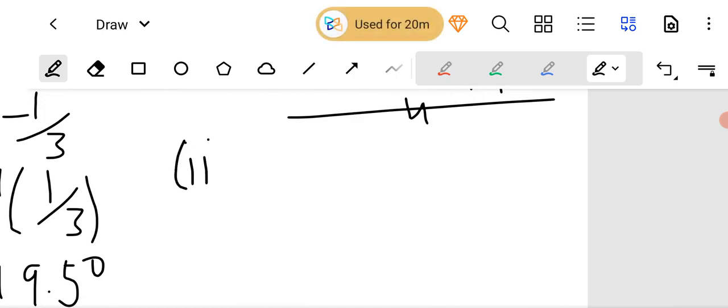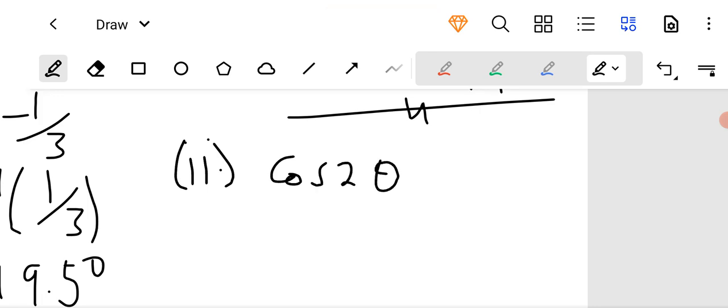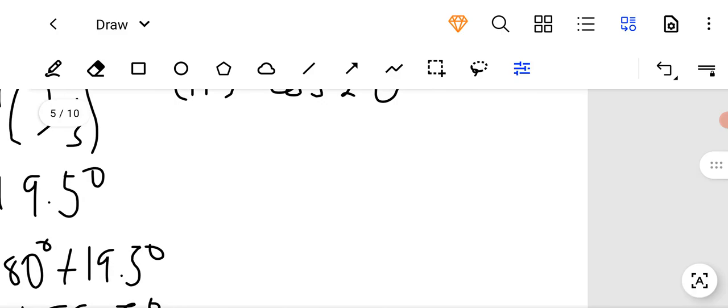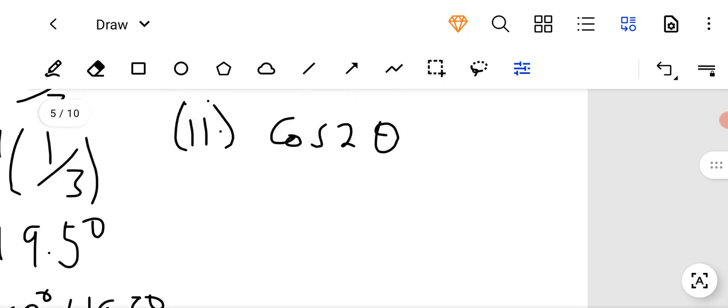Then the second one is cos 2 theta. For us to know how to simplify cos 2 theta, I need to know the trigonometric expansions. So if you know the expansions, then this can go well with us. So what is cos 2 theta?